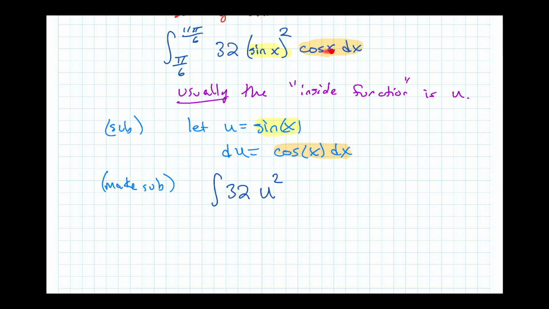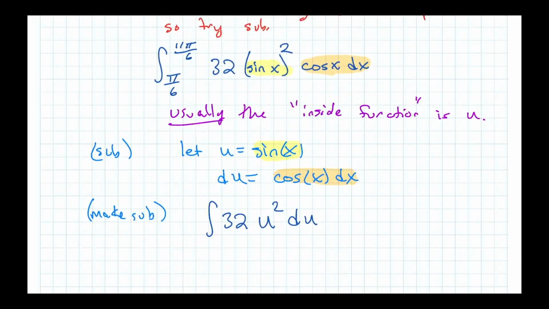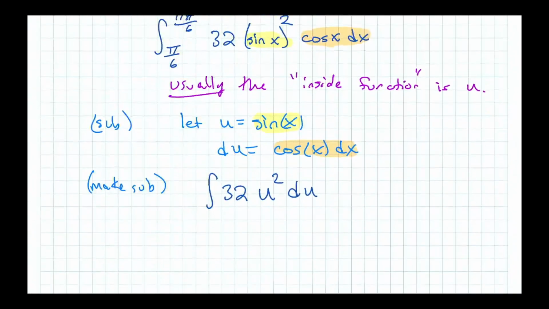And then you have cosine x dx. Cosine x dx is simply du. So there's my integral. So the integral turned into an easy integral. The only thing I have left to do is I have not dealt with these limits of integration yet. And we should deal with the limits of integration off to the side. So let us do that.